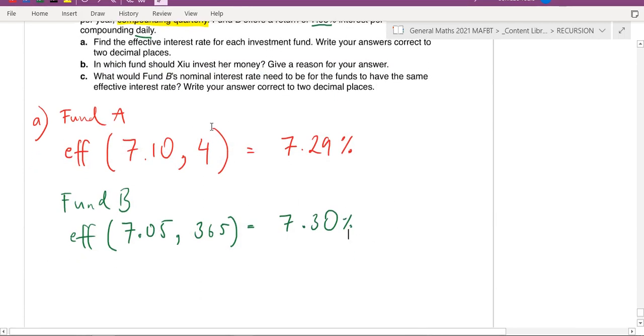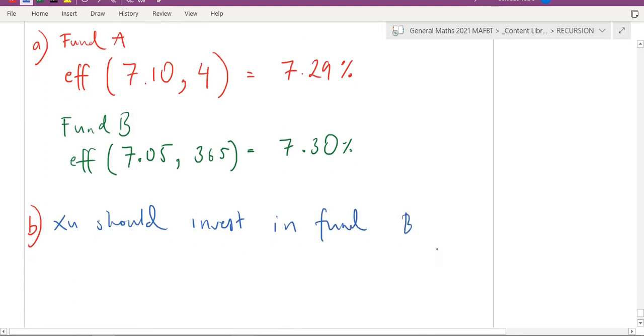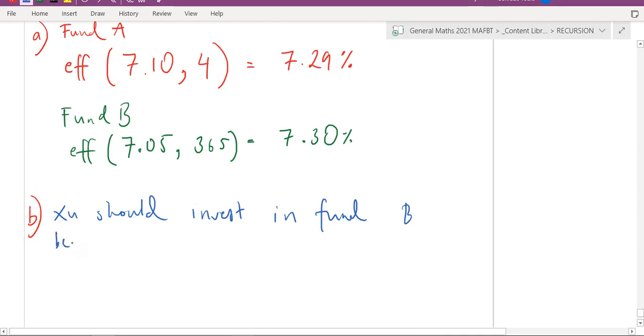Okay, so in which fund should Xu invest her money? Part B, remember, if you're investing money, you want to go with the investment that gives you the greatest return. So you want to go with the one with the highest rate. So Xu should invest in Fund B, because of the higher effective rate.